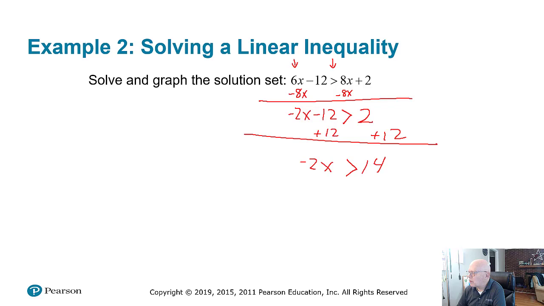And last of all, we want to find out what x is, not negative 2x. So I'm going to take that negative 2x divided by negative 2 so I can end up with something that says an x. And I'll take the 14, divide that by negative 2. But notice what I've done. I've divided by a negative number.